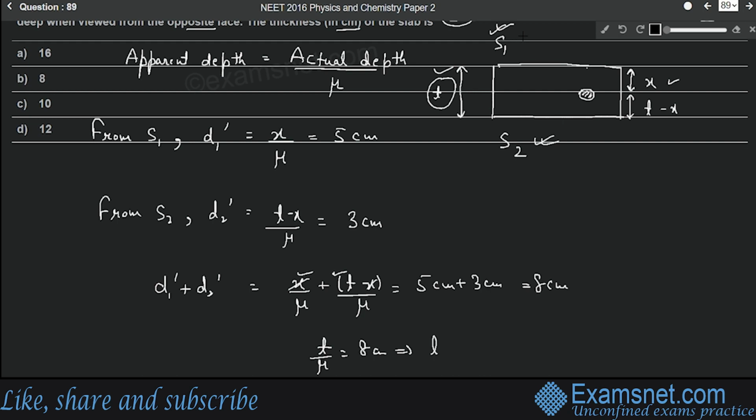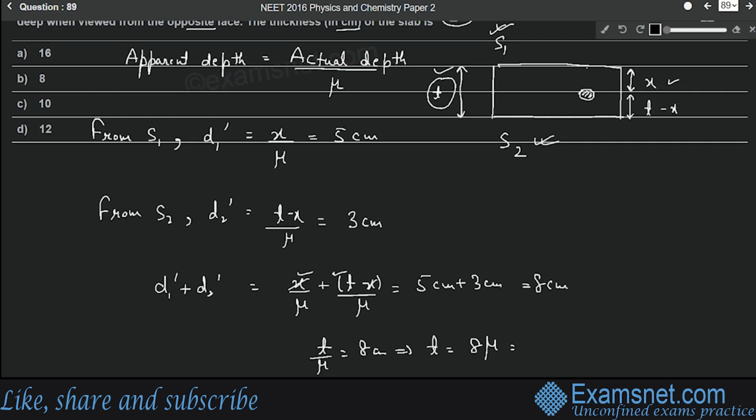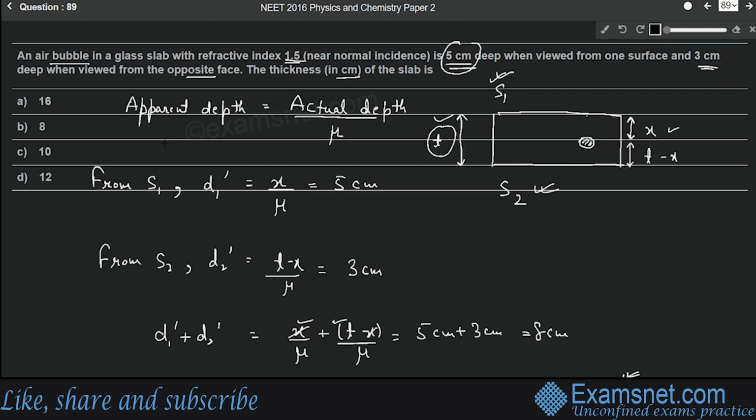So what will be the thickness t? That will be equal to 8 mu, and the refractive index of the medium is given as 1.5, okay. So 8 into 1.5, that means 12 centimeter. This will be the thickness of the slab t, okay. So 12 centimeter will be the answer. Which option? Option number D will be the correct answer.